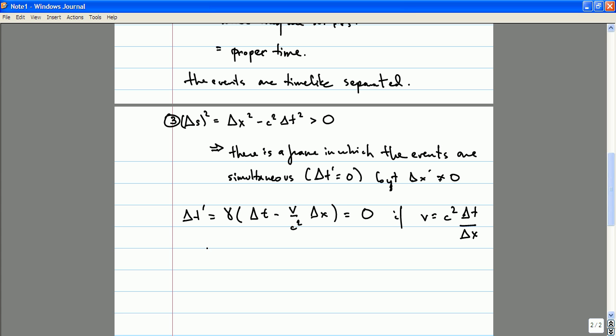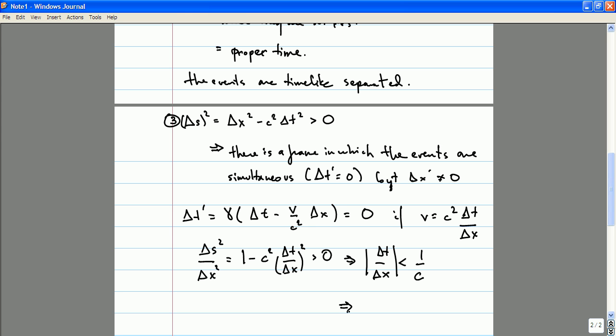But remember that delta s squared is positive. So we can divide delta s squared by delta x squared, which is also positive, to get 1 minus c squared times (delta t over delta x) squared, which is going to be positive, which implies that delta t over delta x has an absolute value that is less than 1 over the speed of light, so that comparing that to our formula for v, the absolute value of v is less than the speed of light.